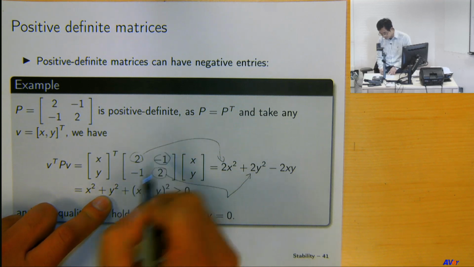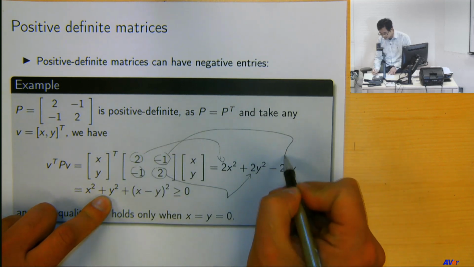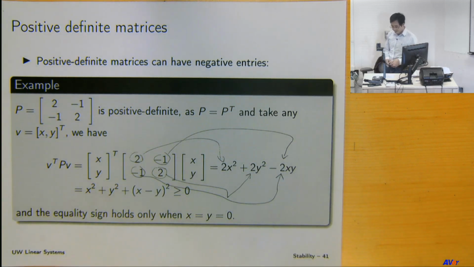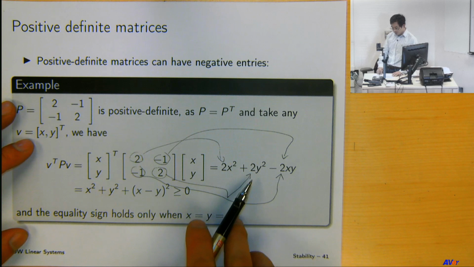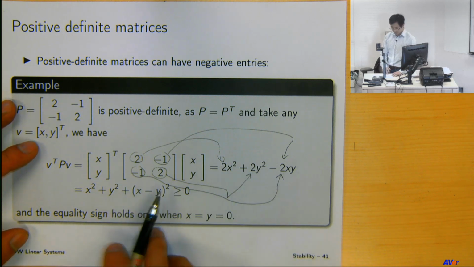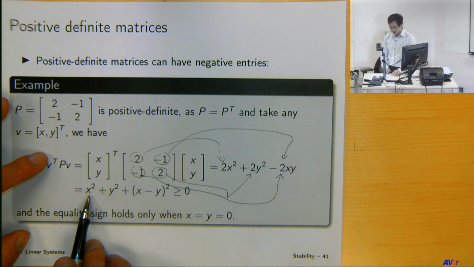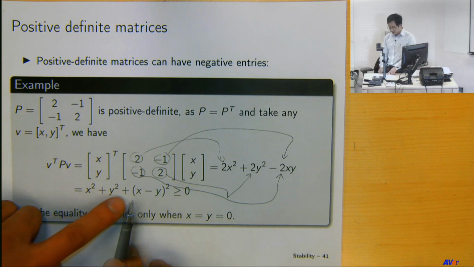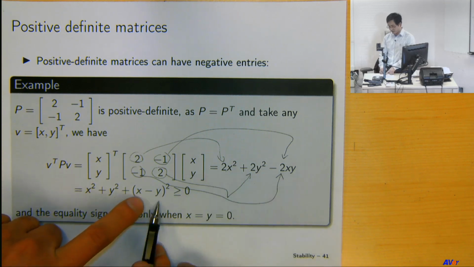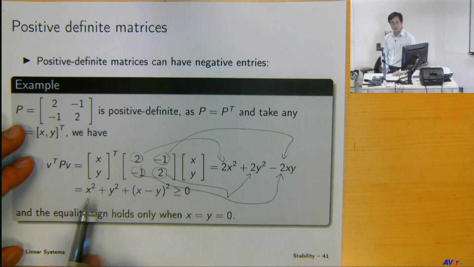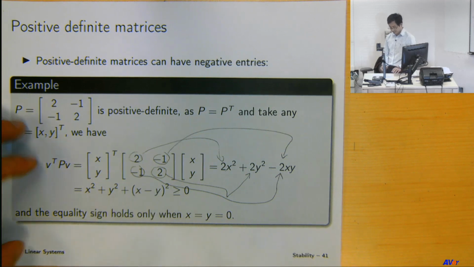So you have two negative 1s, and they contribute negative 2 in the cross product. So it's 2x squared plus 2y squared minus 2xy. And we can complete the squares using the technique of completing squares. This is x squared plus y squared plus (x minus y) squared. So it's always positive or 0, and it's 0 only if these individual terms are all 0.